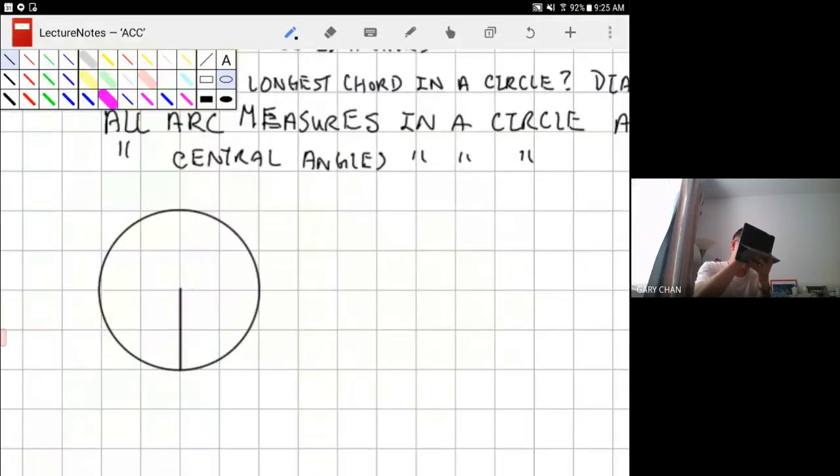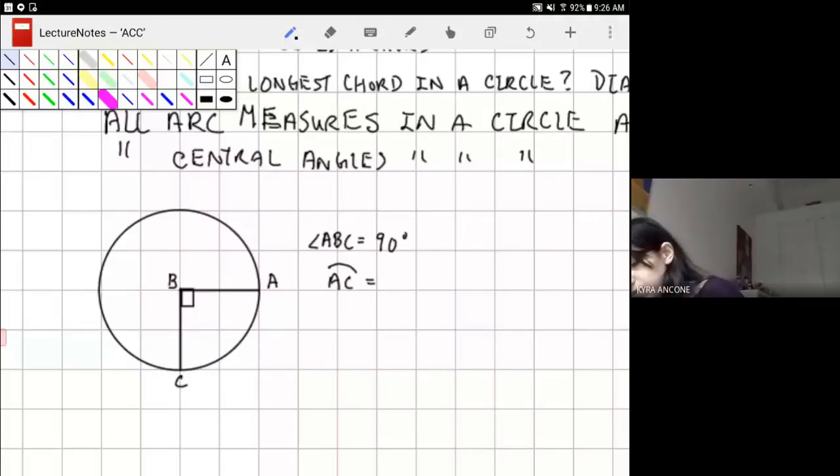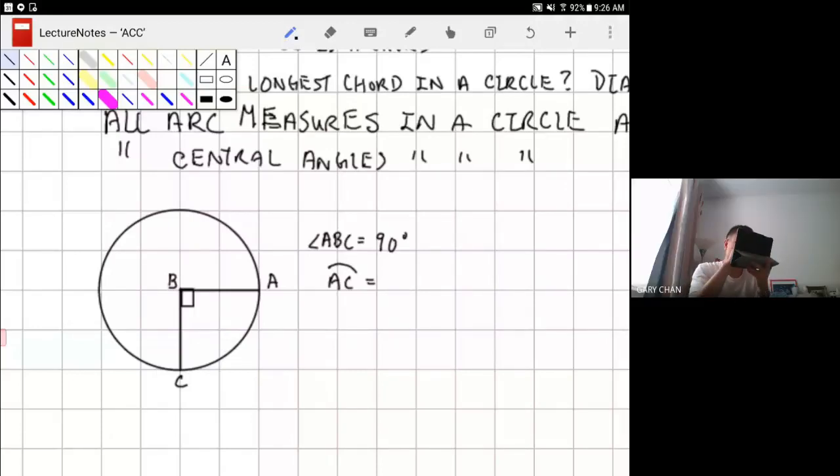If I have something like this, where this is a right angle over here, let's call this A, B, and C. So the central angle ABC is equal to 90 degrees. Clear? What would be the minor arc AC? 90. It too would be 90, right?